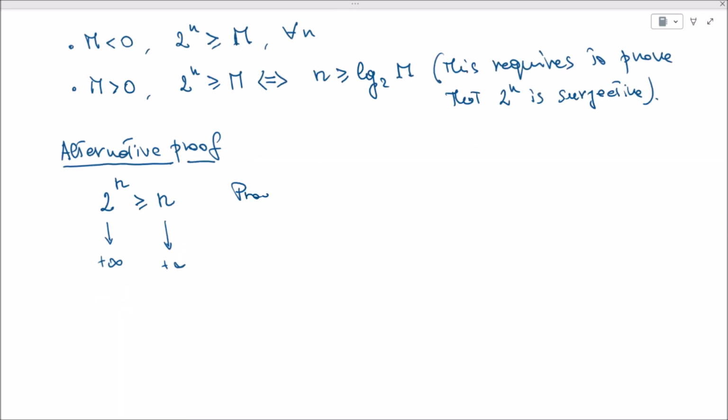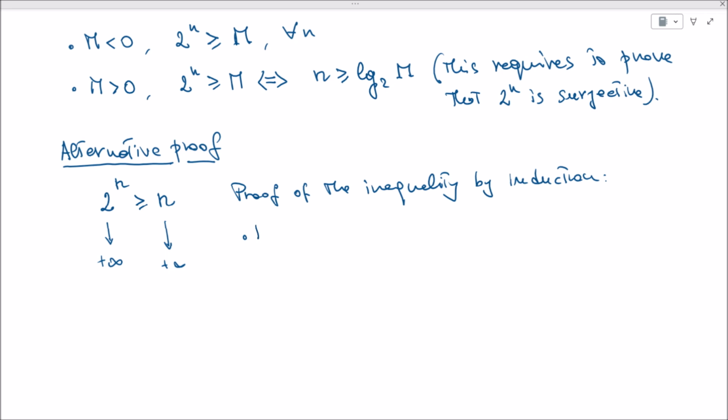Proof of the inequality by induction. Okay, so let's prove this inequality by induction. We know that we have two things that we need to prove.